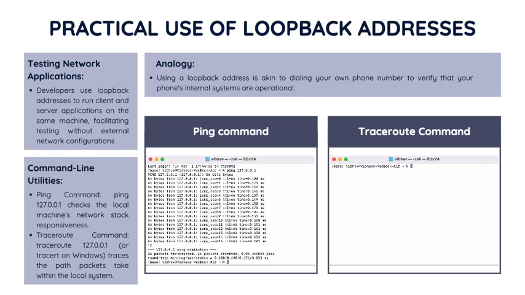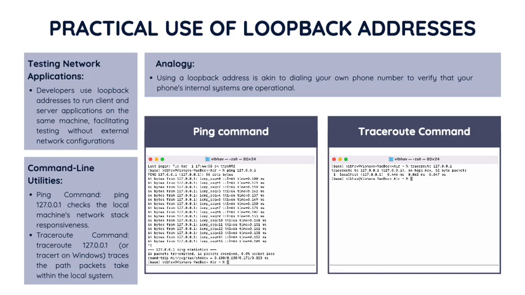Similarly, we have another useful command, that is traceroute. If you run this in the terminal, it will help us to check how the data travels inside our own system.